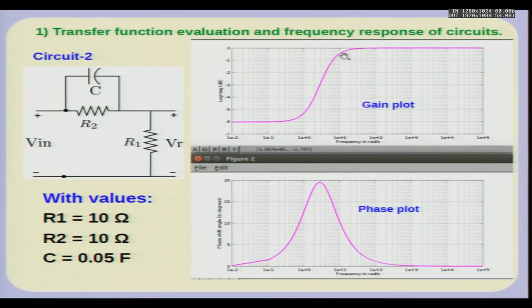The lead circuit gives a positive phase shift, which you may require in certain situations.